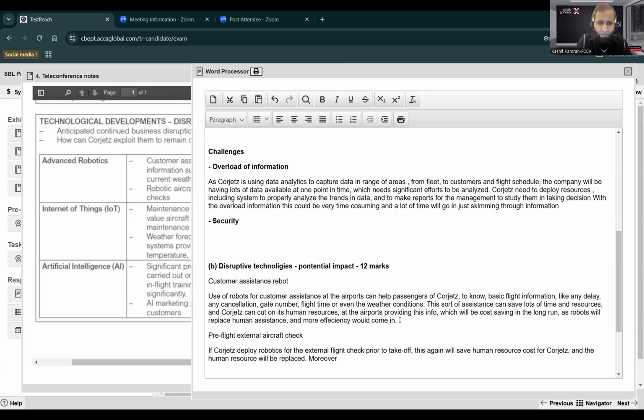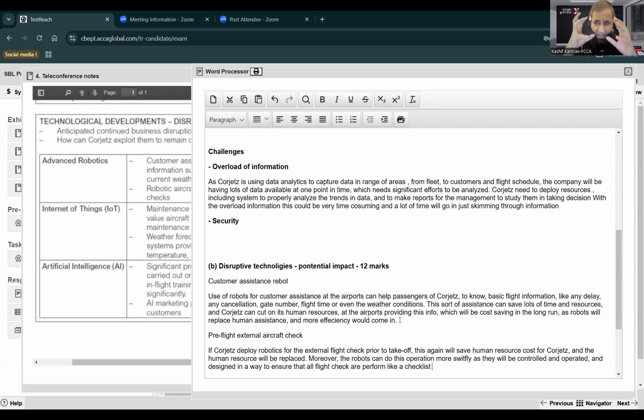Moreover, the robots can do this operation more swiftly, as they will be controlled, operated and designed in a way to ensure that all flight checks are performed like a checklist.